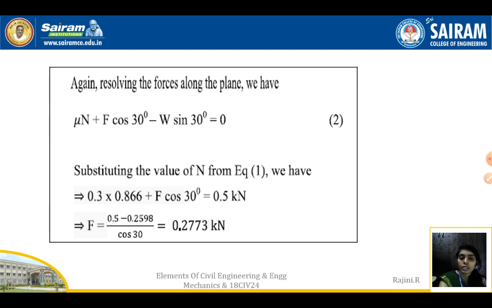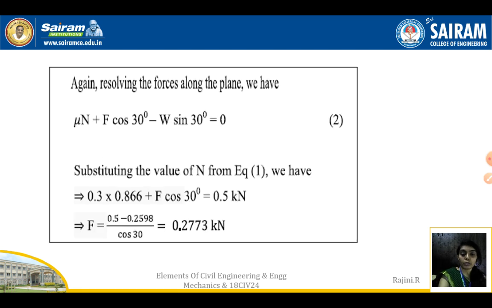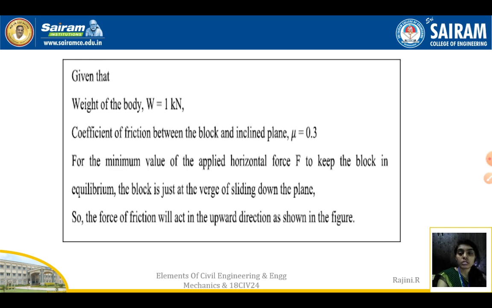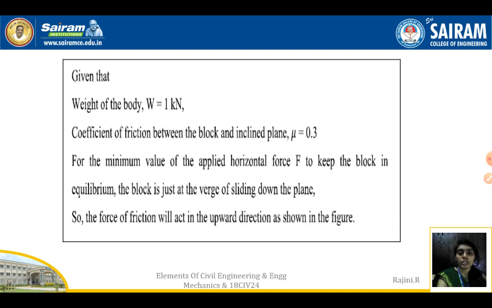This mu into N you can write as the friction force also. After that, in the second step, you can substitute mu into N. Substituting the value of N from equation number 1, we got 0.866 kilonewton. Substitute 0.866 kilonewton, and mu is given as 0.3.